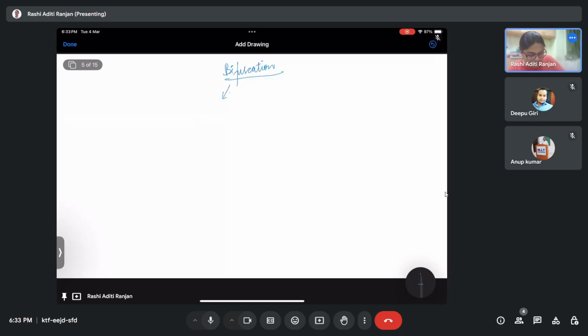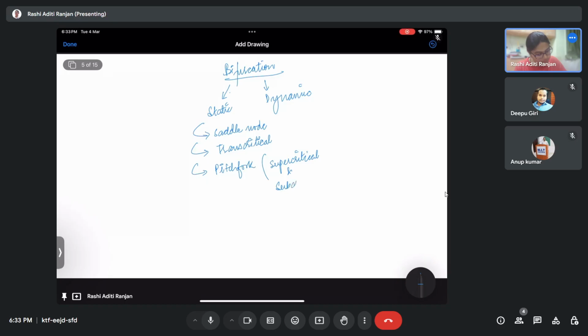I have bifurcation as static and dynamic. Static bifurcation has saddle node, then transcritical, and then pitchfork, which further has supercritical and subcritical, correct?